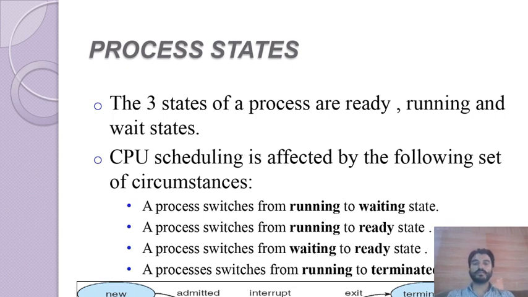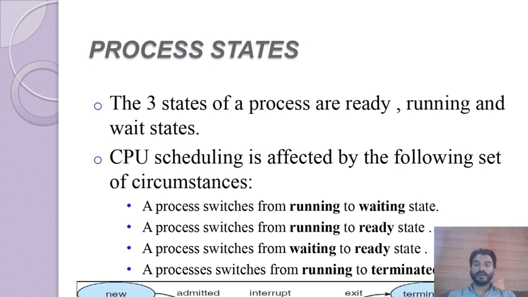CPU scheduling is affected by the following set of circumstances. CPU scheduling runs when a process switches from running to waiting state, or another condition, when a process switches from running to ready state. Another condition is when a process switches from waiting to ready state.